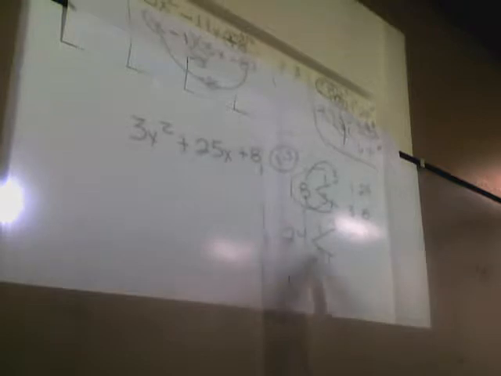1 and 3, maybe if I don't make these marks it won't look so congested. 2 times 1 is 2. The 4 times 3 is 12. 2 times 3 is 6, and 4 times 1 is 4.